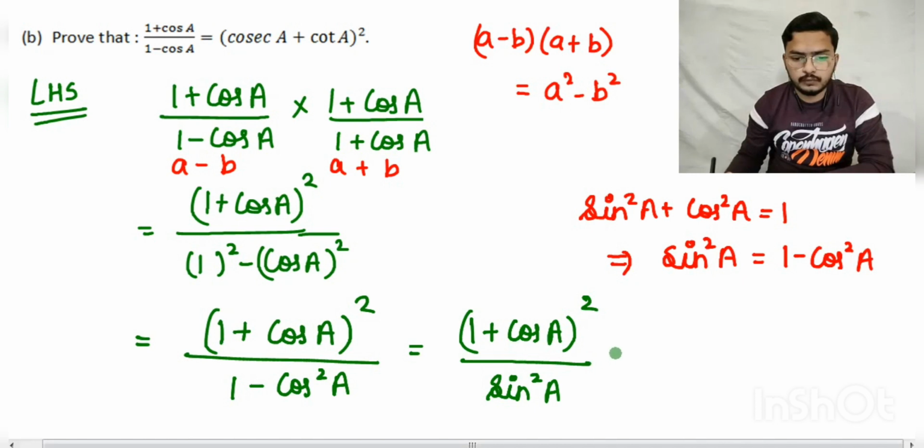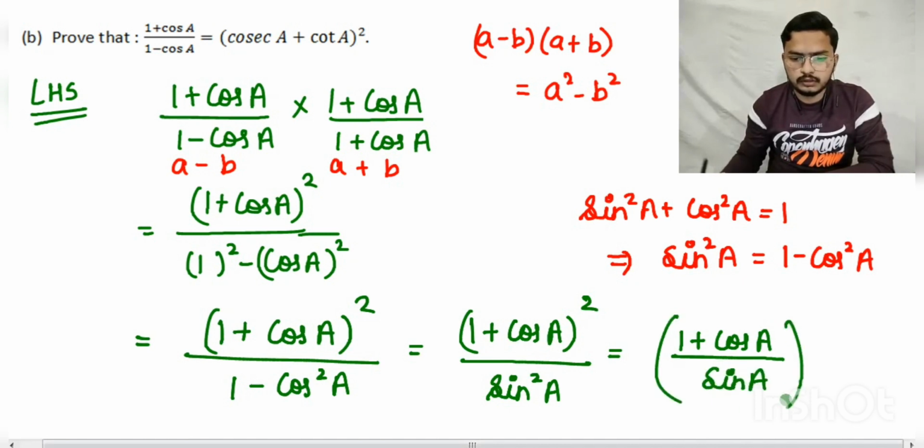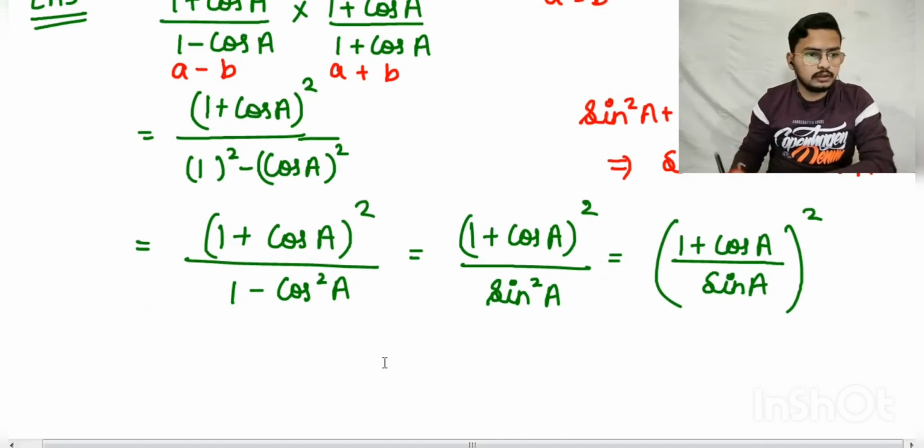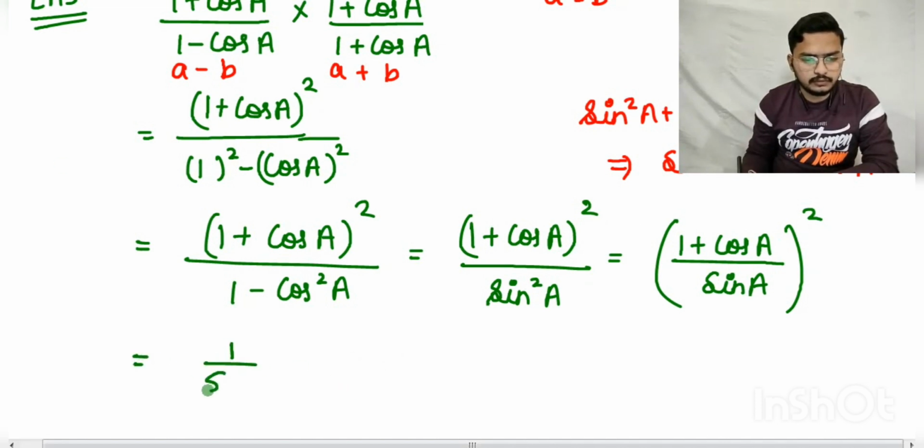So now you can write this like this, 1 plus cos A upon sin A, that is whole square, because all the terms are in squares, right? Now just do the separation here, that means 1 plus cos A upon sin A you can write as 1 upon sin A plus cos A upon sin A, isn't it?